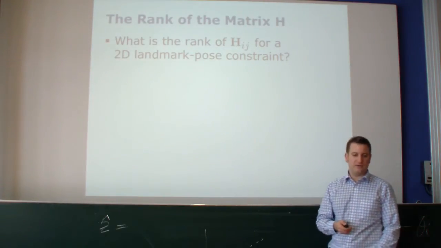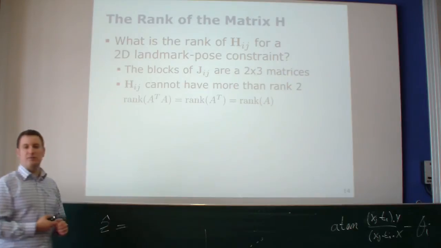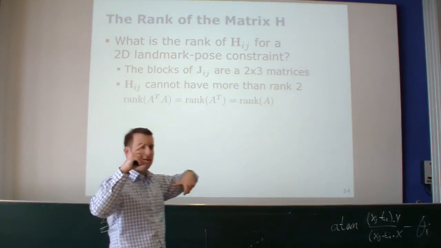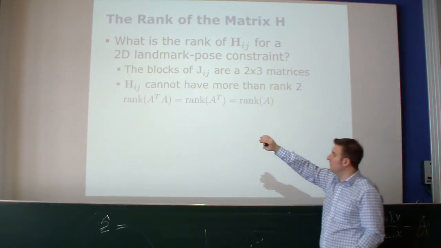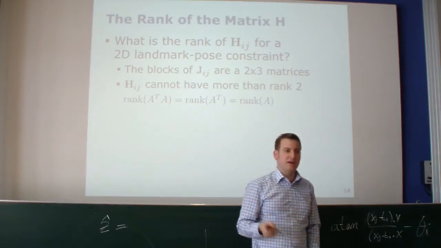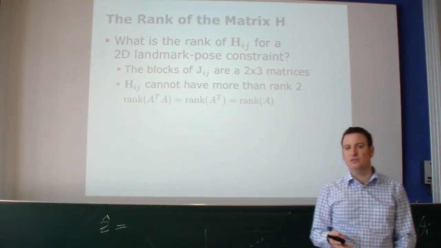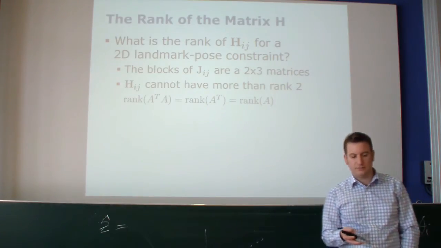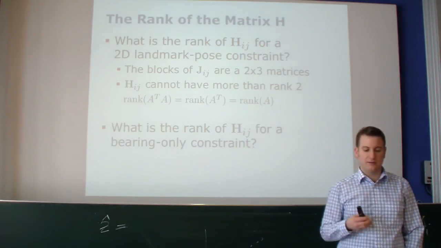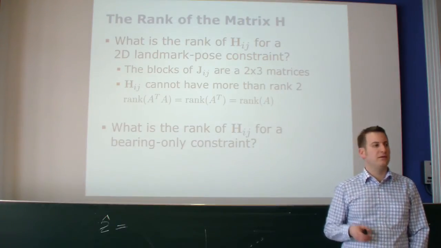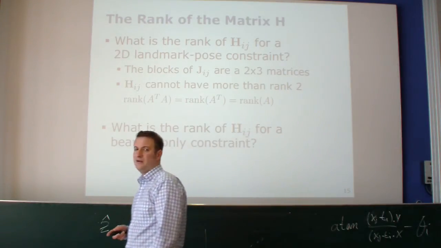Exactly, it's 2. The reason is, if you look at the Jacobians, they are 2 by 3 matrices. You multiply the Jacobian transpose with the Jacobian, but the rank of the Jacobian transpose times the Jacobian is the rank of the original matrix, the Jacobian, and it can only have rank 2. How is that different for the bearing-only constraint?